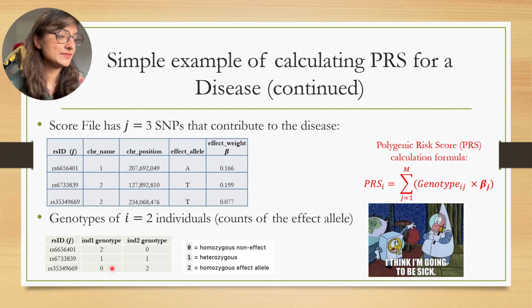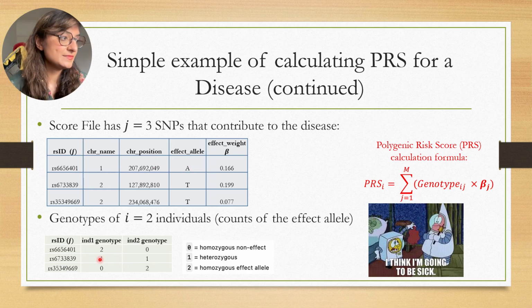So how many of the effect alleles do they have? Usually we would know what the non-effect allele is, but it's not mentioned in this example just for simplicity. Whereas for the second individual, they have a 0 here for this SNP. So that means that from both parents, they do not have an A at chromosome 1 at this position.